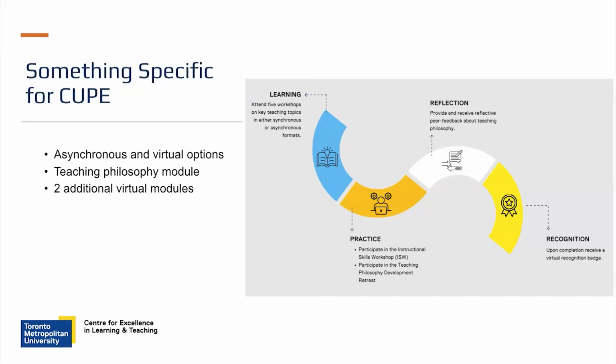That is where you build out a teaching philosophy and you get feedback from your colleagues, and then you build it out more based on the feedback that you get, and you have your teaching philosophy. Once you finish these 3 points, you have completed the CUPE ETP program, and you get recognized by receiving a badge. Thank you, Jenny.